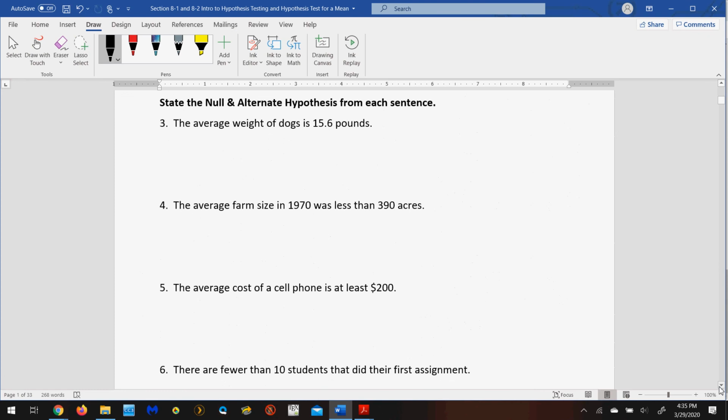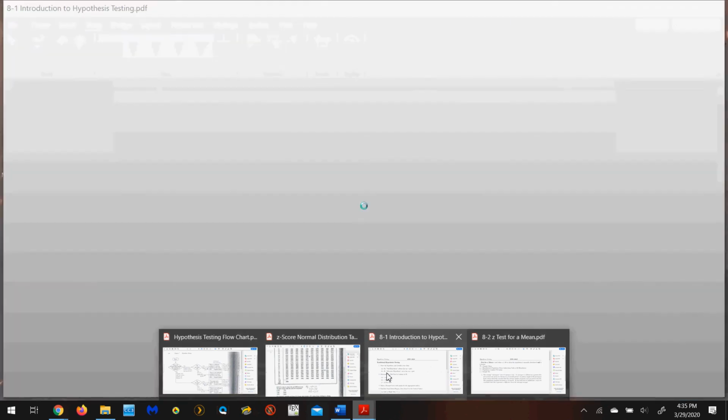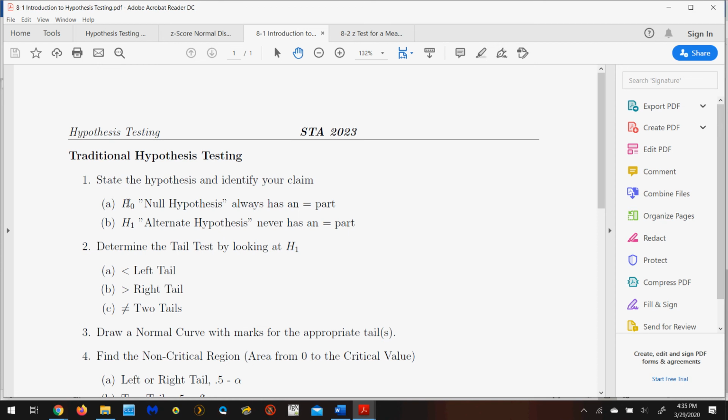Now I'm going to get into hypotheses. What I want to do is state what's called the null and alternate hypotheses. Here's where you're going to use this handout. The null hypothesis, which is shorthanded as H sub 0, always has an equal part.